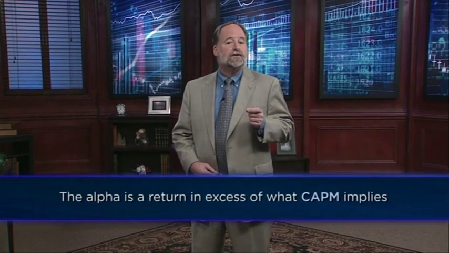For the second method, you should realize that the alpha from a regression is the average value of mispricing. It may not be the alpha going forward. Let me explain further. The alpha is a return in excess of what CAPM implies. Thus, alpha is a degree of mispricing. In some periods, this mispricing may be big positive, but in other periods, it may be small negative. The alpha that you get from a regression is an average of the mispricing over the sample used to estimate the market model.